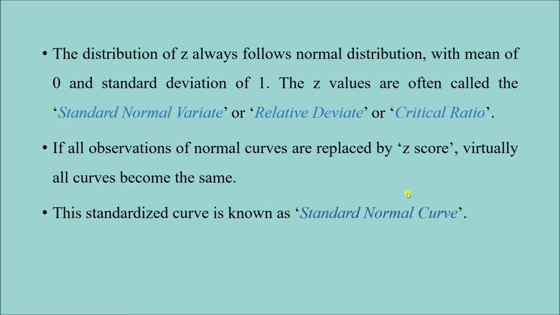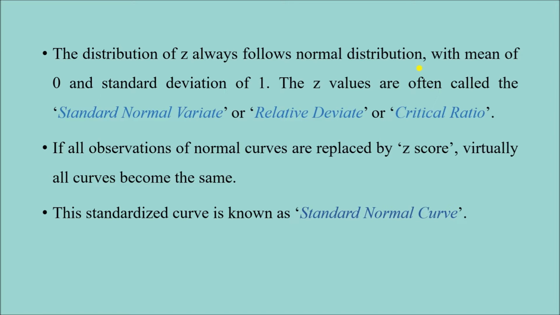Okay. Next, what we can do is the distribution of z always follows normal distribution. So as I mentioned, if we use the 100 observations, suppose the body weight of 100 students, we can use it to prepare a frequency curve which can be a normal curve, provided that it is following the normal distribution.